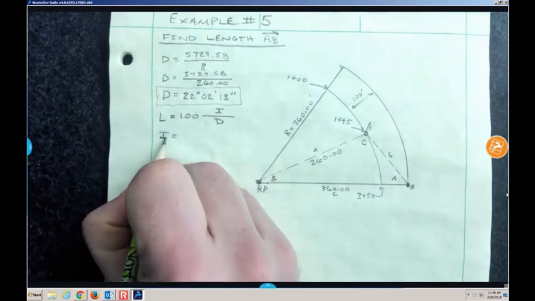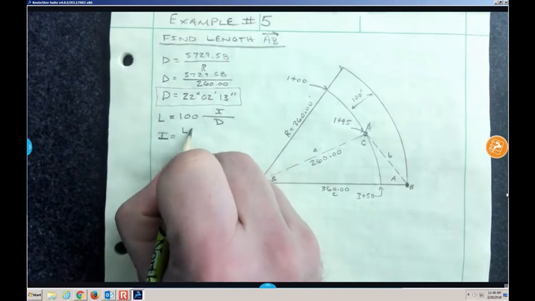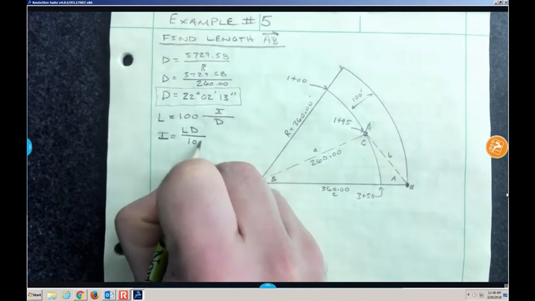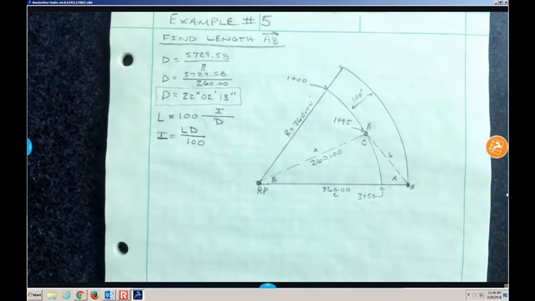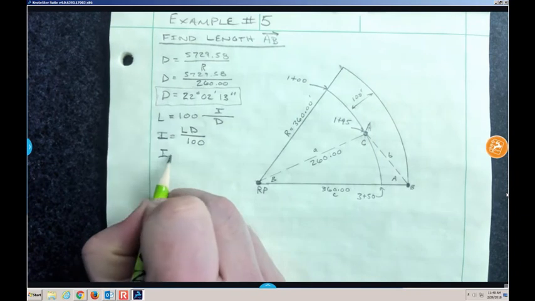I equals 2 times the inverse tangent of something divided by R. How about that? Let's bring the L over and bring D up and drop 100 down. So now we can find I.